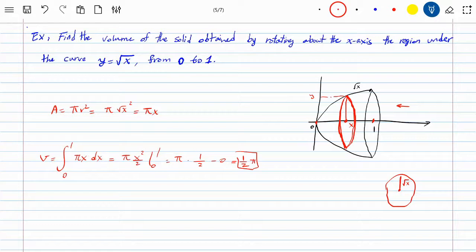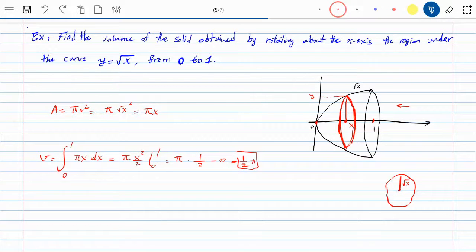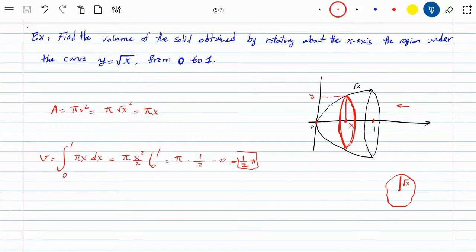So you notice this is a positive number. You shouldn't expect the volume to be negative at all, and that's a check to make sure the volume you've calculated is a positive number, similar to area. It's not difficult as long as you figure out this cross-section area. If you find the area properly, then it shouldn't be difficult.